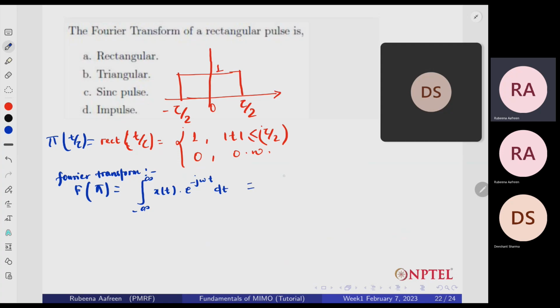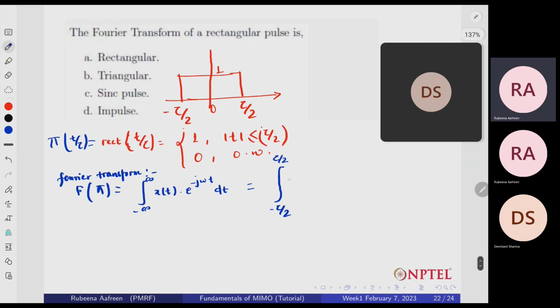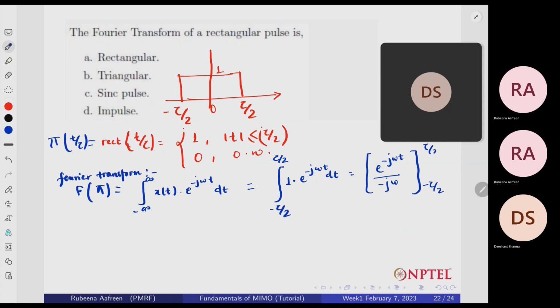From here we can see that the pulse exists in the time domain from minus tau by 2 to tau by 2, and the pulse magnitude is 1. So 1 into e to the power minus j omega t dt. Then we integrate it, so we obtain e to the power of minus j omega t upon minus j omega, and the limits go from minus tau by 2 to tau by 2.